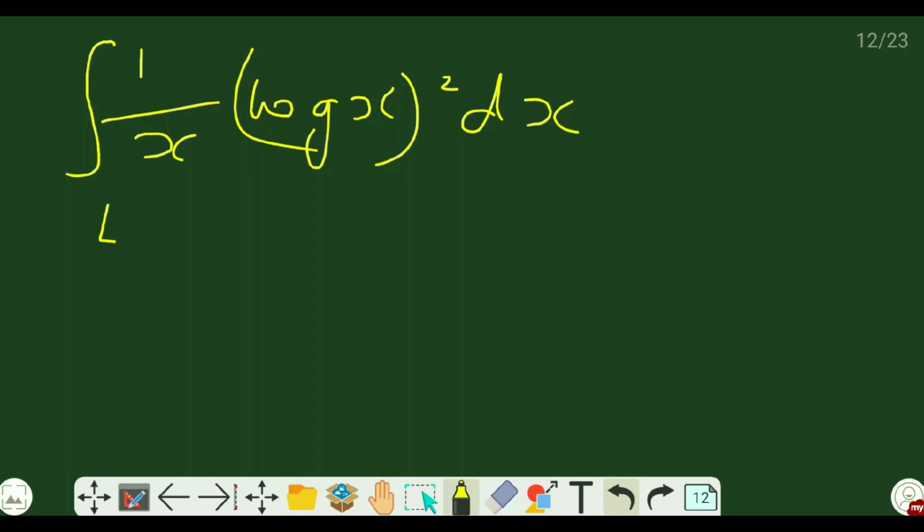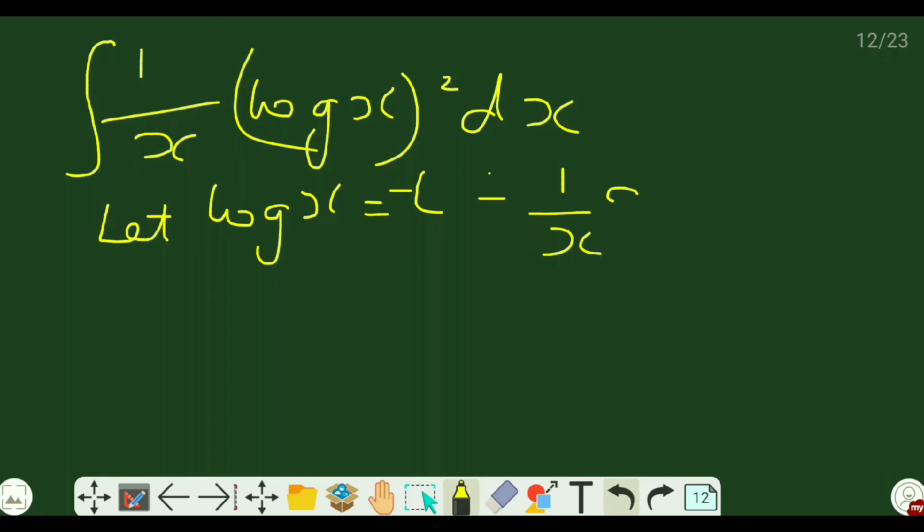So we write, let log x is equal to t, and therefore 1 upon x dx is equal to dt, and our integral becomes I is equal to integral of t the whole square, t square dt.